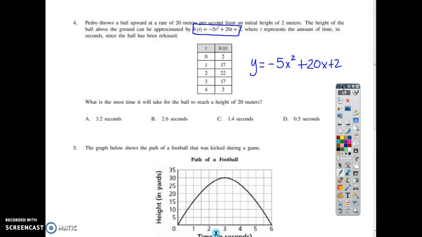Okay? So we're going to type that in Desmos, and we're going to look when does it give us a height of 20 meters. So one of these answer choices gives us a height of 20 meters. So we're going to type that equation in Desmos, and then we're going to type the answers in the table.